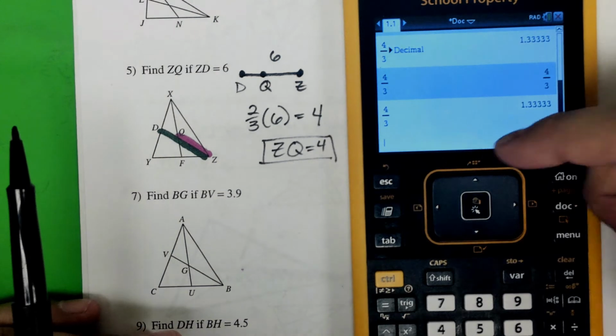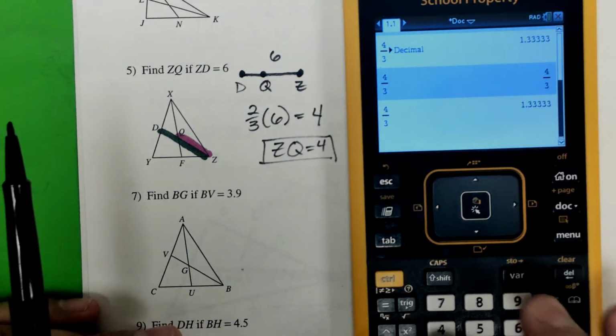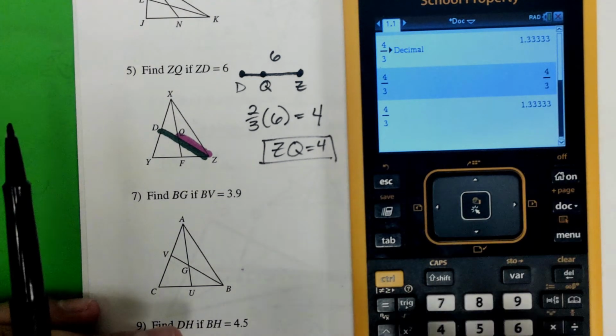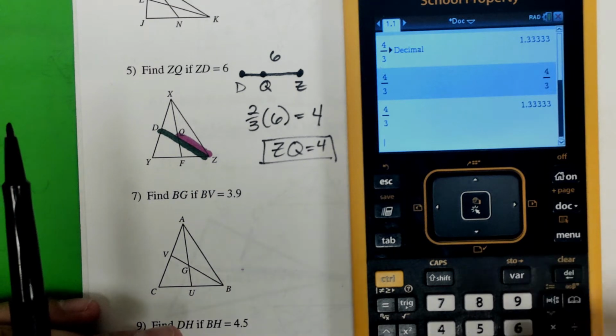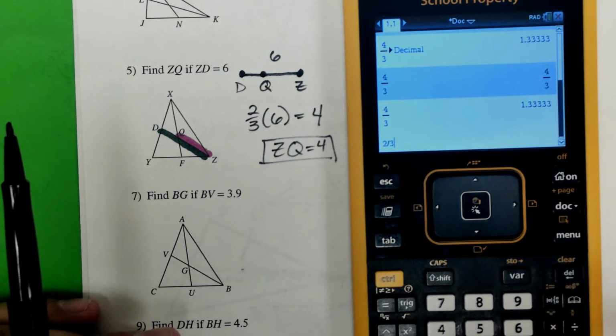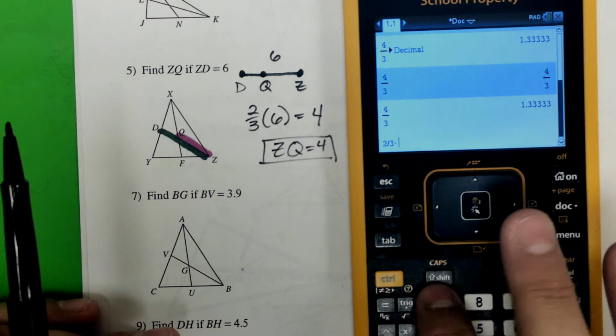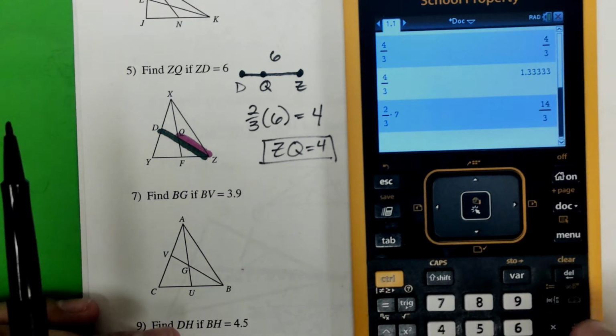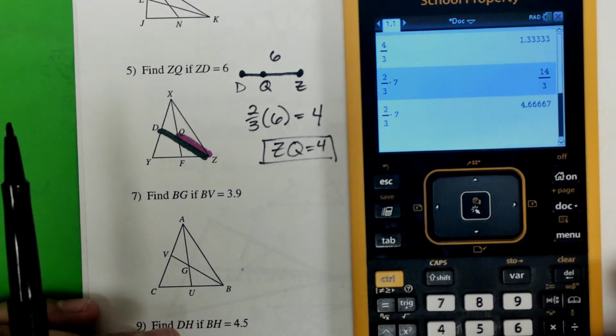Now, if you're doing operations, so we multiplied 2/3 times, let's say 7, and then I hit Control Enter, that one worked.